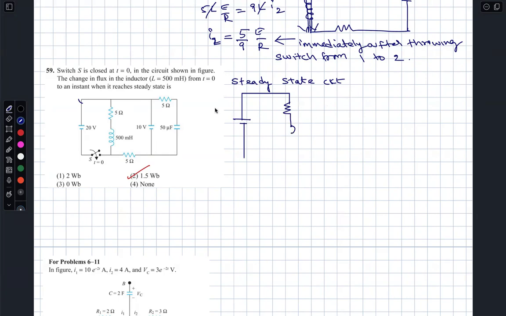In the place of the inductor, I'll straight away take a conductor. I am asking about these 2 points, A and B, in steady state. And apart from this, remember this is 20 volts. Apart from this, you have another 10 volts here.